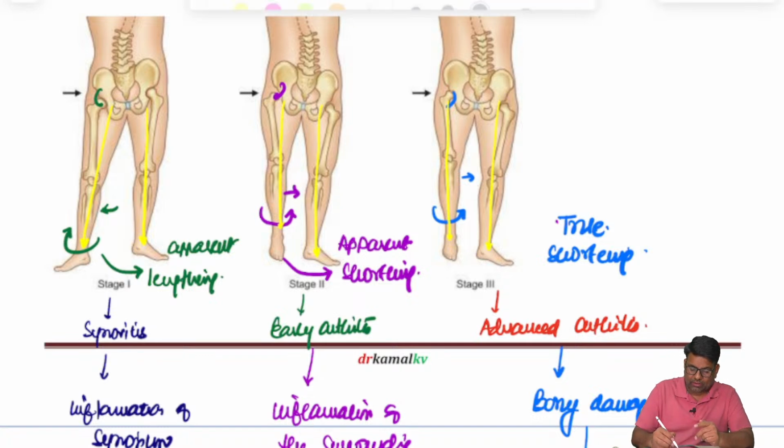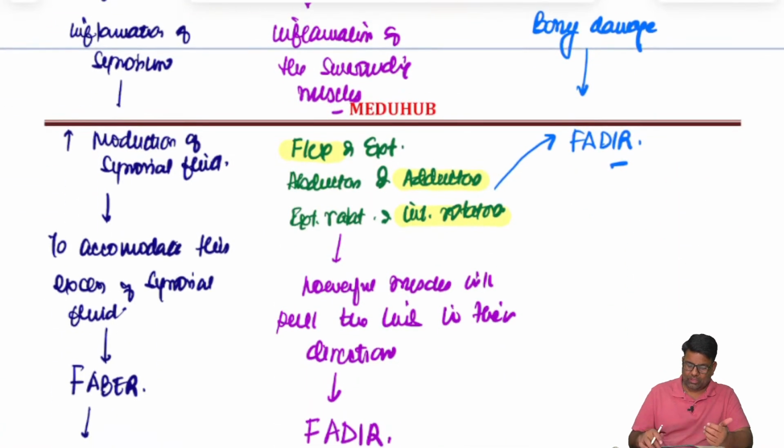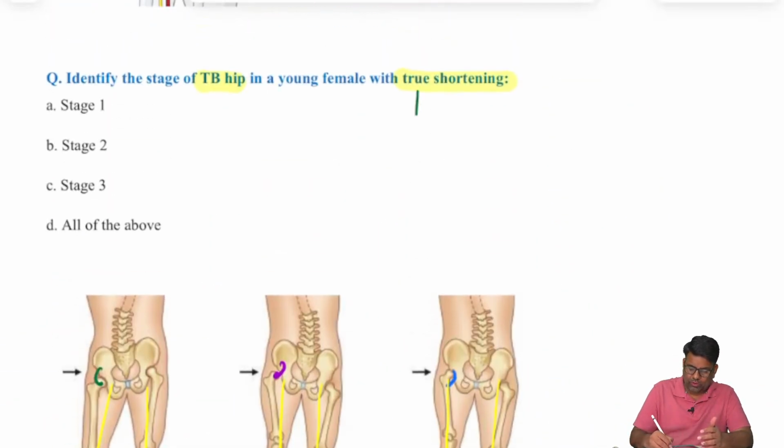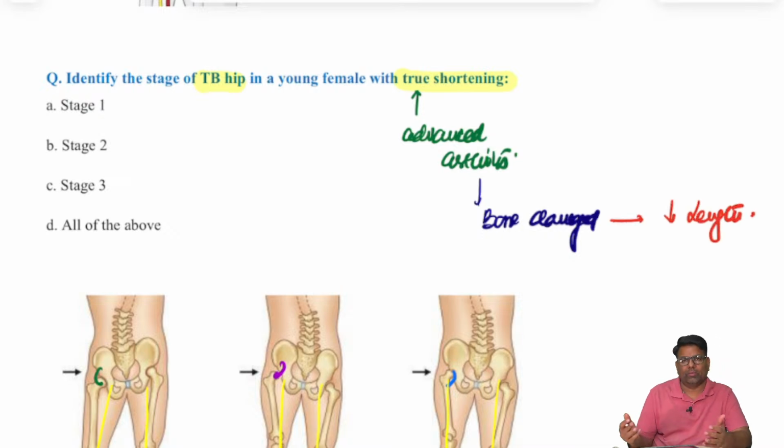So in advanced arthritis, when there is actual damage to the bone, the actual length of the bone will be reduced, and when you measure the actual length, it will be shorter than the other normal limb. It is true shortening, right? So this is the concept of stages of TB hip. The moment you get the words true shortening, it means it is advanced arthritis where there is already damage to bone, and once the bone is damaged, it will be really a little short in length as compared to the other side.